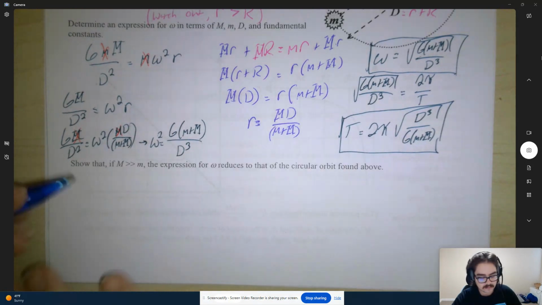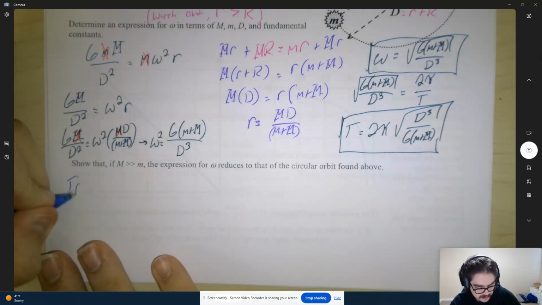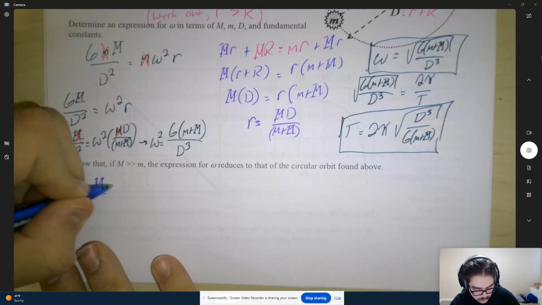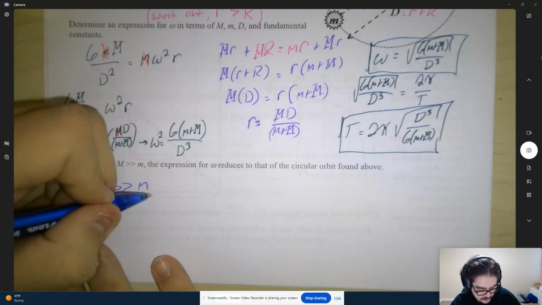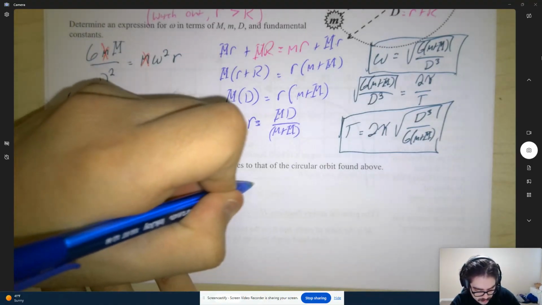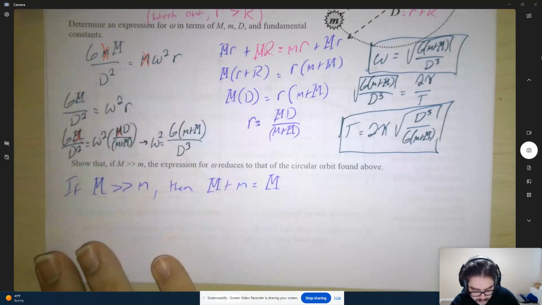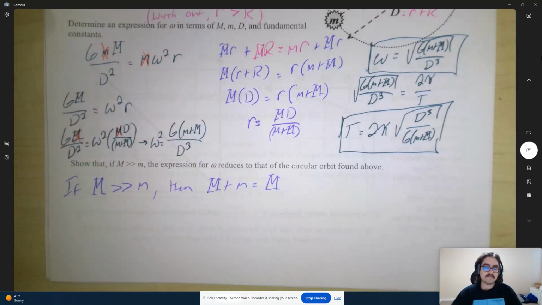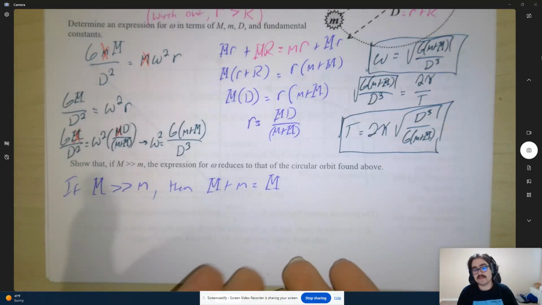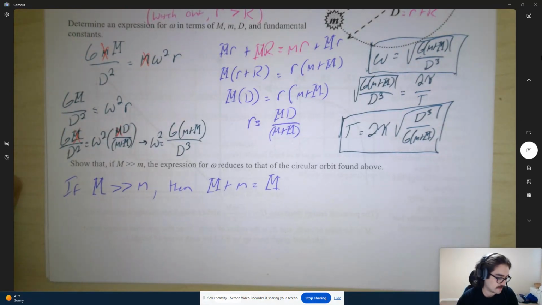If this condition is true, if big M is way greater than little m, then I can say that big M plus little m just equals big M. Think about it: if big M is 100 and little m is 0.001, then 100 plus 0.001 is 100.001, which is basically 100. That's how we get that.